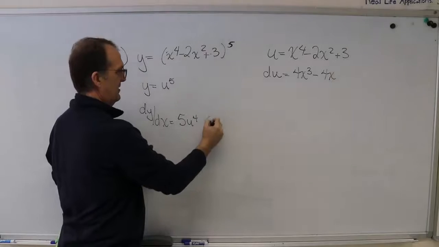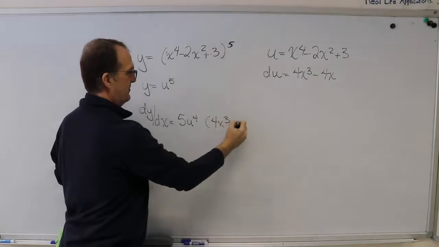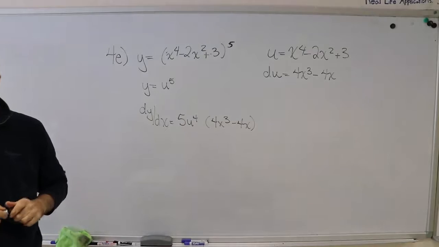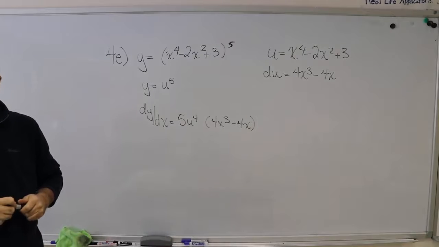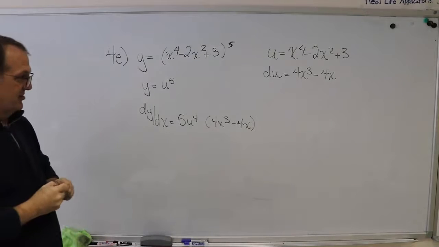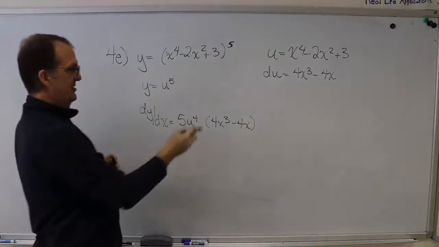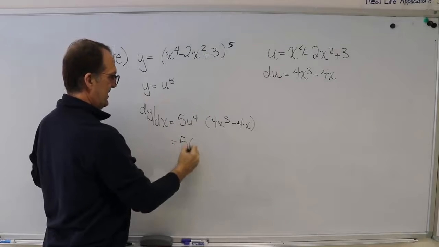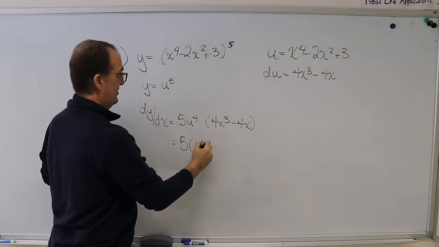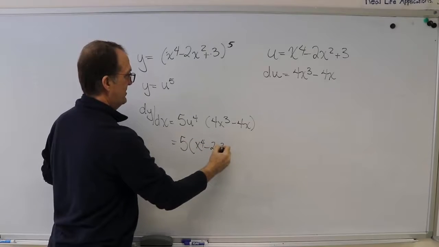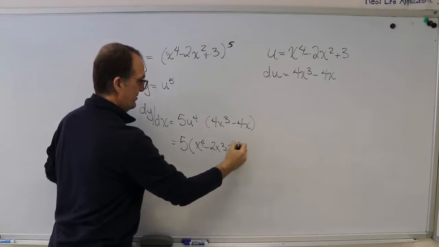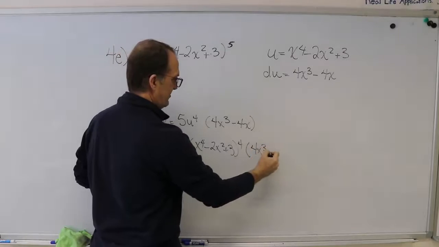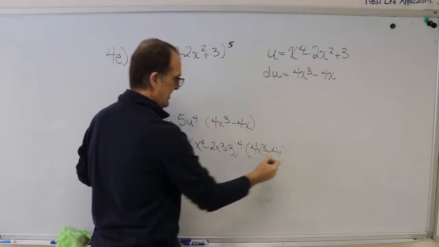So I have 4x cubed minus 4x. And then the last thing to do is to resubstitute u. So I have 5 times (x to the fourth minus 2x squared plus 3) to the fourth, times (4x cubed minus 4x).